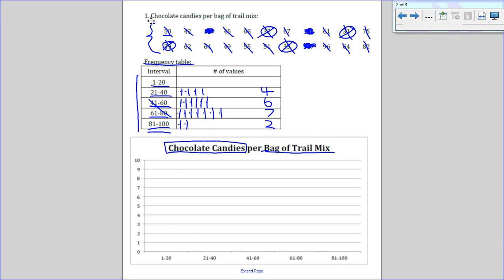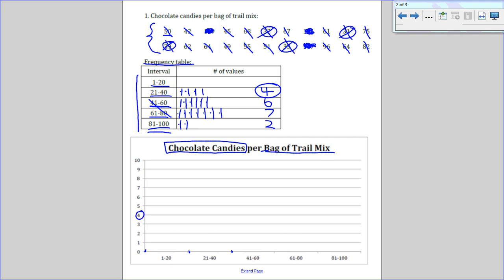So we have our interval from 21 through 40. Well, we actually have this interval from 1 through 20, but we had none that fell within here, so there's nothing we do there. So from 21 to 40, what do we end up with? 4, right? So here's the 4.